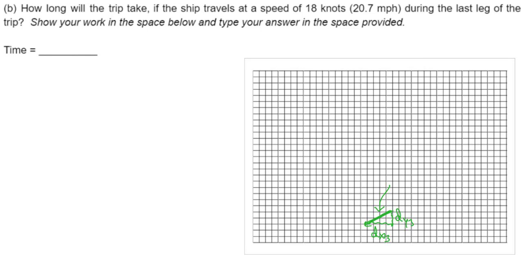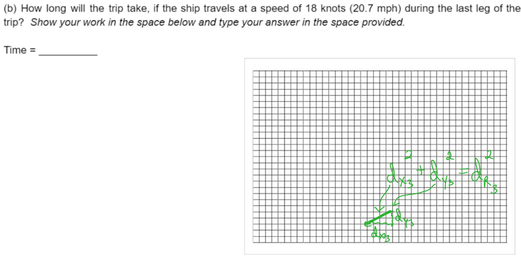So dx3 squared plus dy3 squared is equal to that last leg, and we'll call that dr3, because it's the resultant vector of the third leg, so dr3 squared.